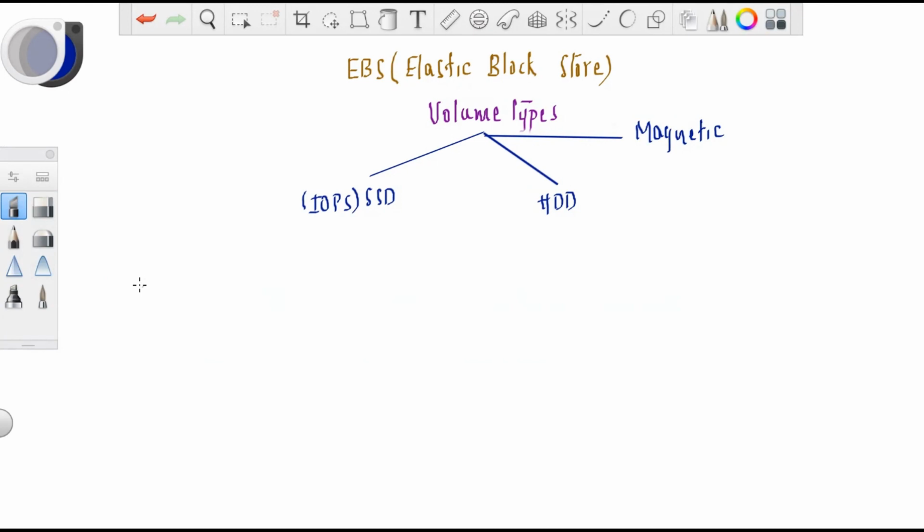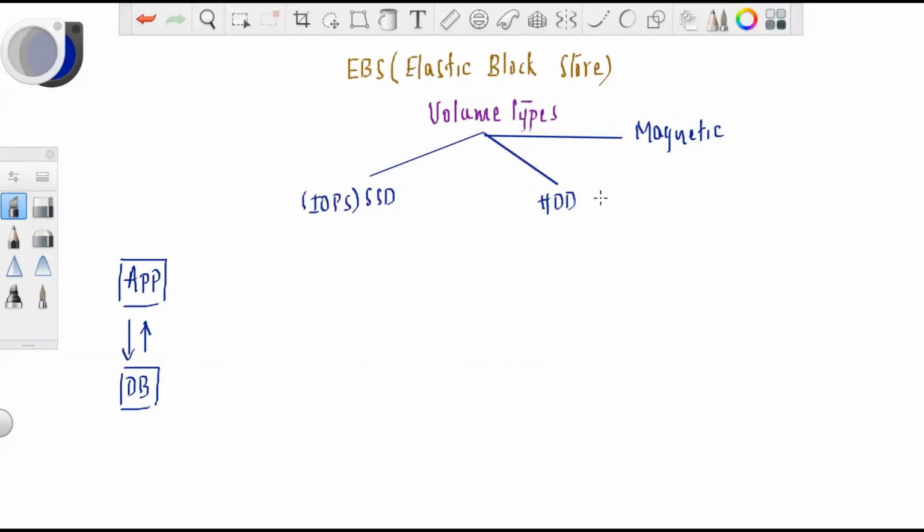For example, let's consider a scenario where you have an application that requires frequent read-write operations to the database. If the database or the storage device has high I/O capability, it can handle a large number of these operations in a short amount of time, leading to better overall performance for the application.